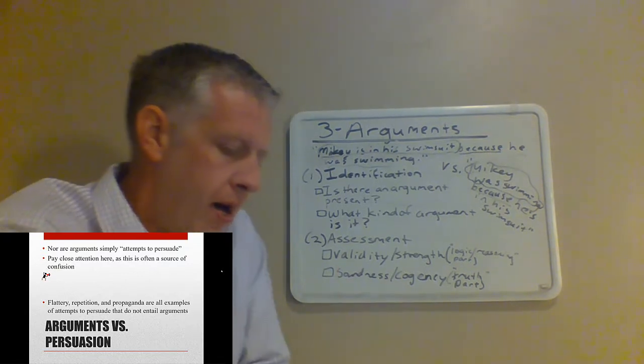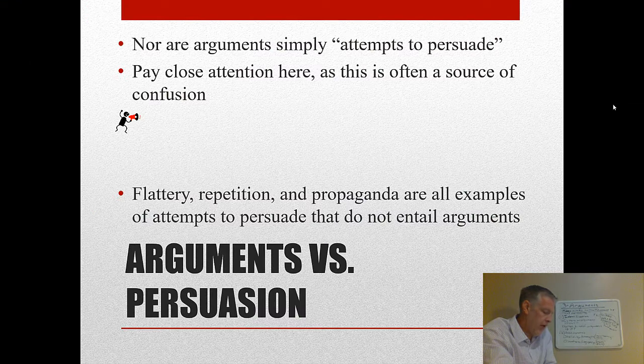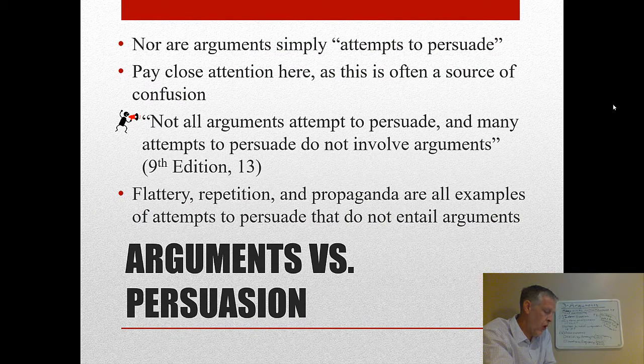So, as the authors reflect, and this is the 9th edition, 13th page of the 9th edition, quote, not all arguments attempt to persuade, and many attempts to persuade do not involve arguments. You might just be laying out arguments for the heck of it, and not trying to persuade anyone of anything, just going through some arguments. So, just because you see an argument doesn't mean that it was necessarily offered in an attempt to persuade someone of something.